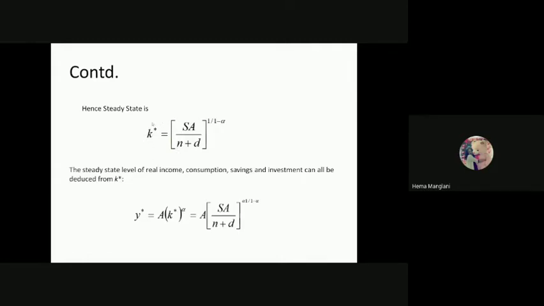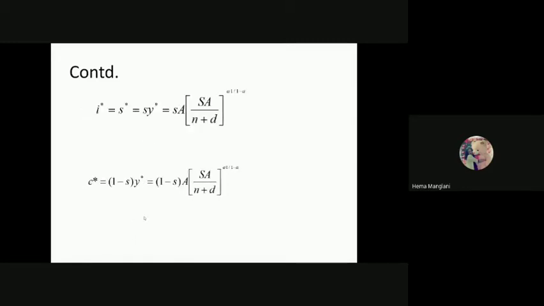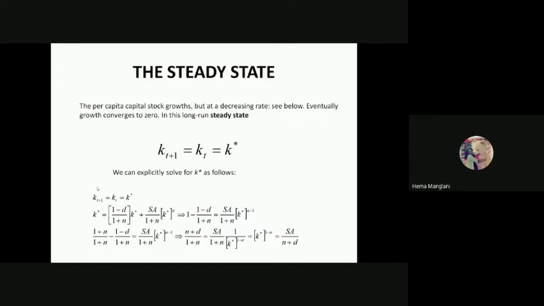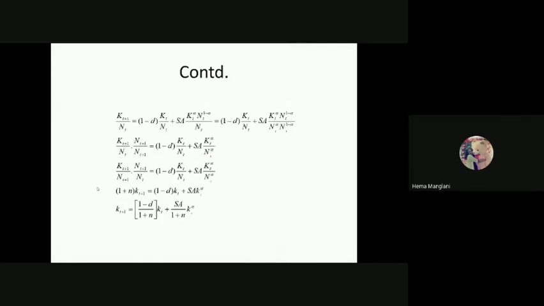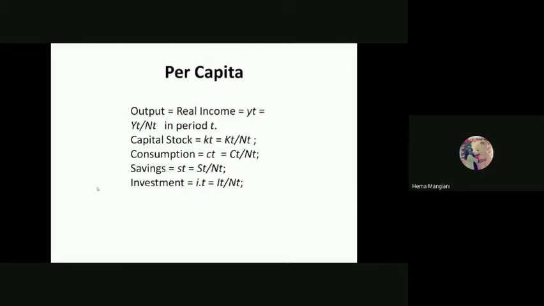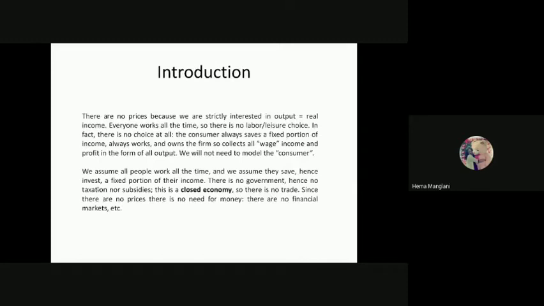If you are able to estimate this steady state capital per worker, then further you can estimate Y star also, I star also, and then C star also. So that is all about steady state capital per worker and capital accumulation. This was taken from a research paper, and it shows how the Solow model defines capital accumulation and steady state capital.